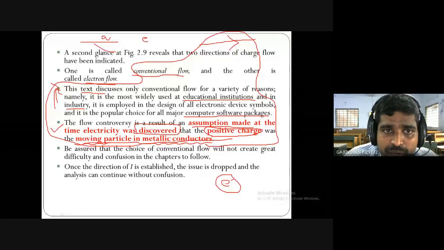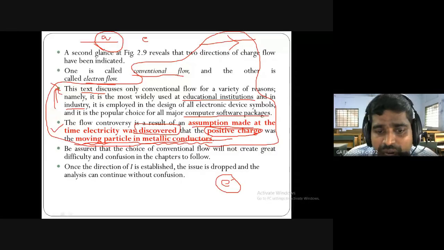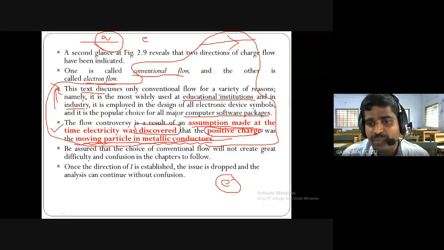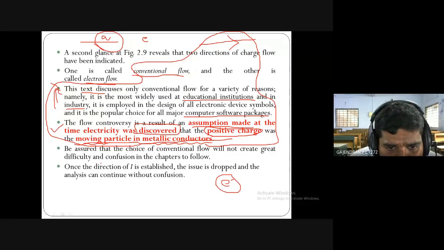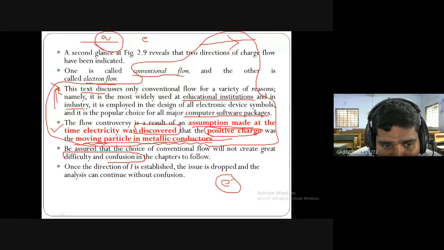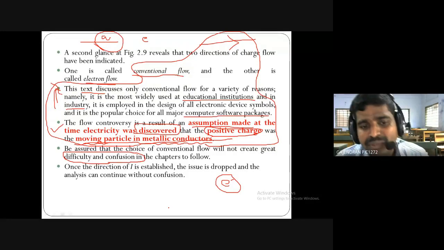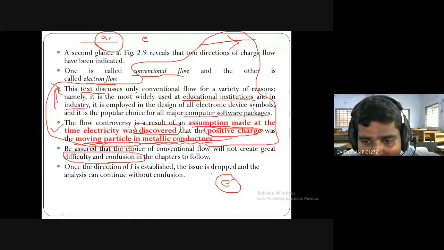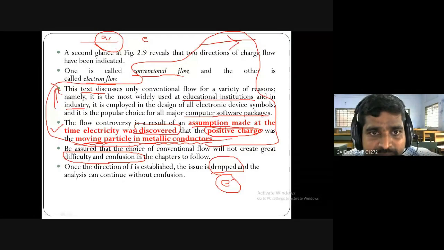Most of the time we follow only conventional current flow. All the instruments available in the laboratory use only the conventional current flow, because there is not much confusion. There is not much confusion because the magnitudes are the same. Therefore, we dropped the electron flow direction and started using the conventional current flow.